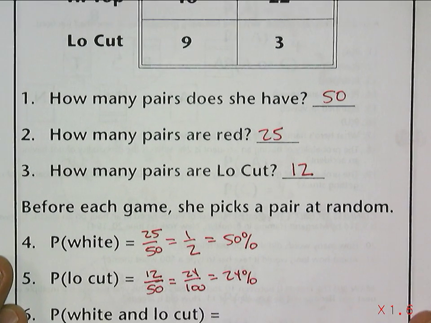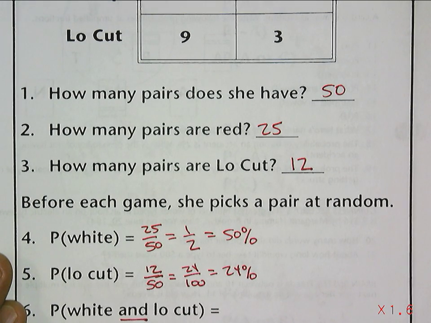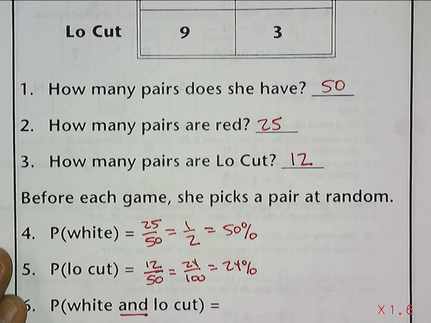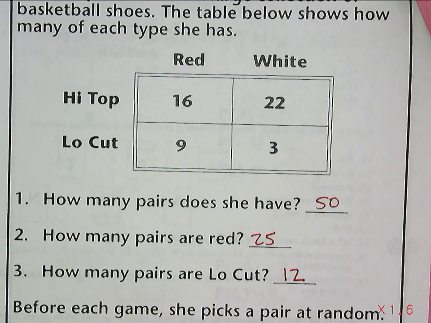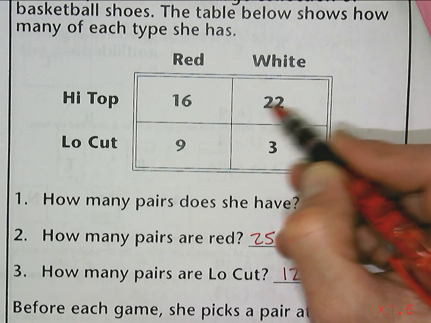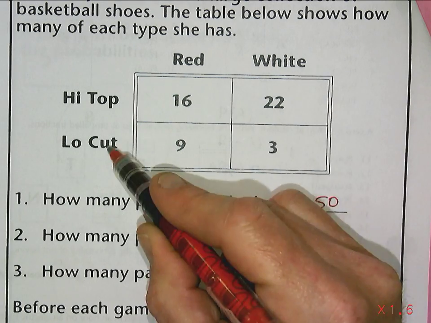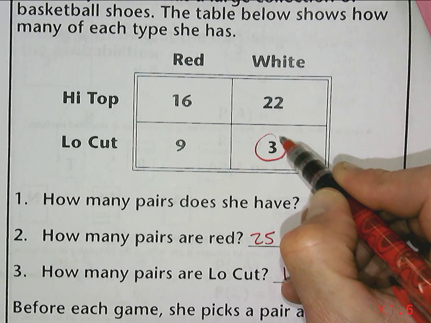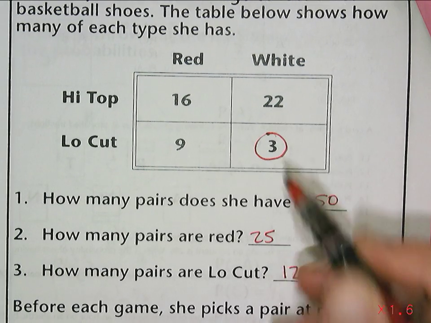Okay, the next one, and now we have an "and" in here. So the "and" means that both of these have to be true. So they have to be white and low cut. If we look at our chart, these shoes are white, but they're not low cut. So we have to go down here, and these are low cut. So white and low cut would only be these 3 pairs. They're both white and they're low cut.